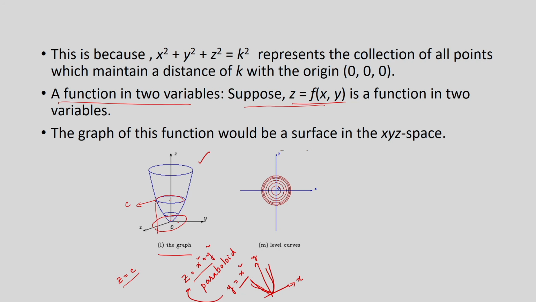Okay. And this projection, when it is done on the x y plane, we get this level curve. So, on the right hand side you have this level curve. So, for different values of c, you will get different level curves. For example, here z is equal to c, but if you take a different value of c, the projection will also be different.